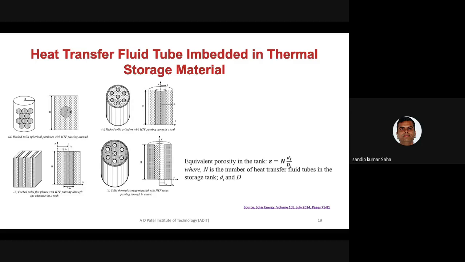So where is the bottleneck? The bottleneck is the computational power, because in a thermal energy storage container, you can have more than 1,000, maybe 2,000 or 10,000 spherical balls or capsules. If you want to model individual ones, the first challenge is the meshing challenge.